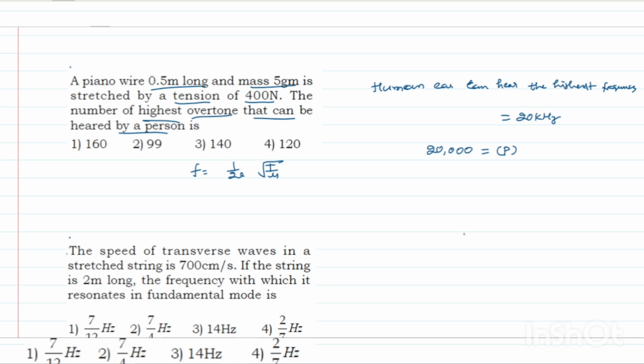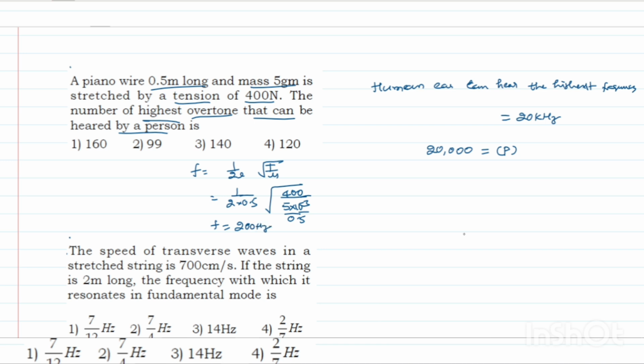So 1 by 2 into length 0.5 meter into root over T, tension force 400 newton, by linear mass density, in the sense mass per unit length, 5 into 10 power minus 3 by 0.5. When simplifying this, we get frequency as 200 Hz.